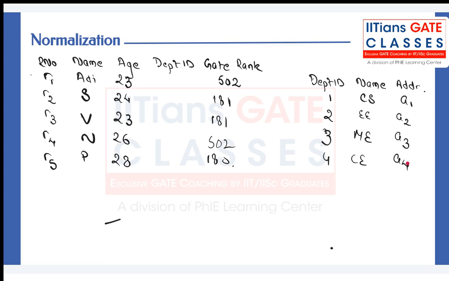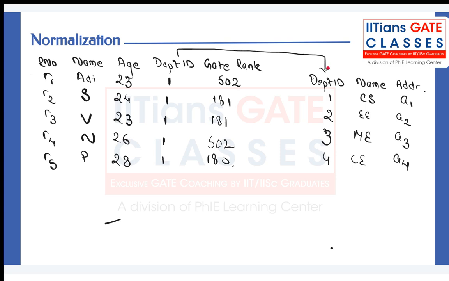These are two different tables. Unlike keeping one table, all of them are CS department, so I will just store the ID, and all of these IDs will refer to this table.